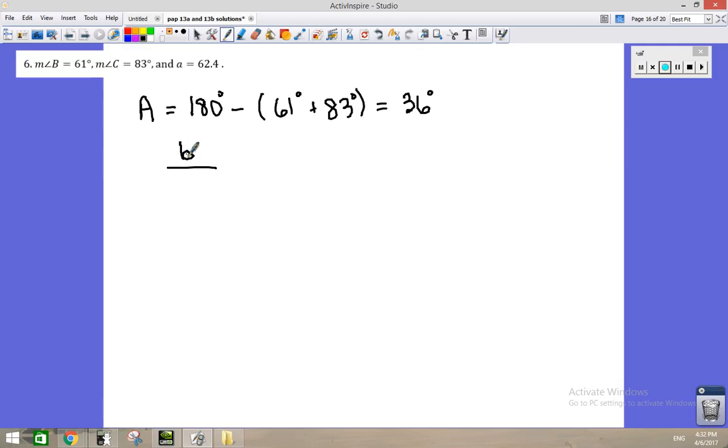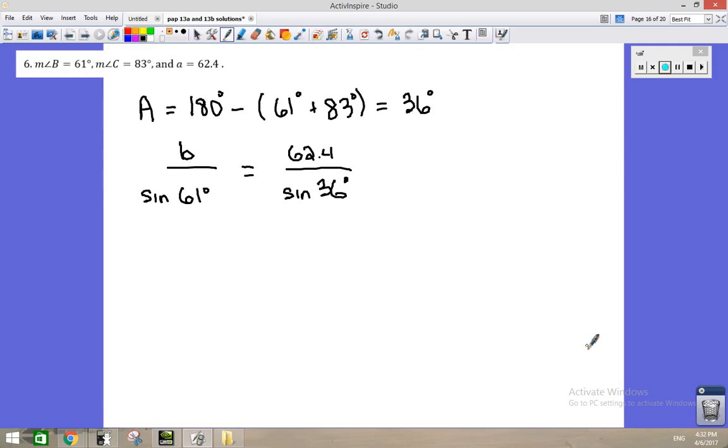By the law of sines, the length of B divided by the sine of angle B is equal to the ratio of the length of A, which is 62.4, divided by the sine of angle A. We found that to be 36.